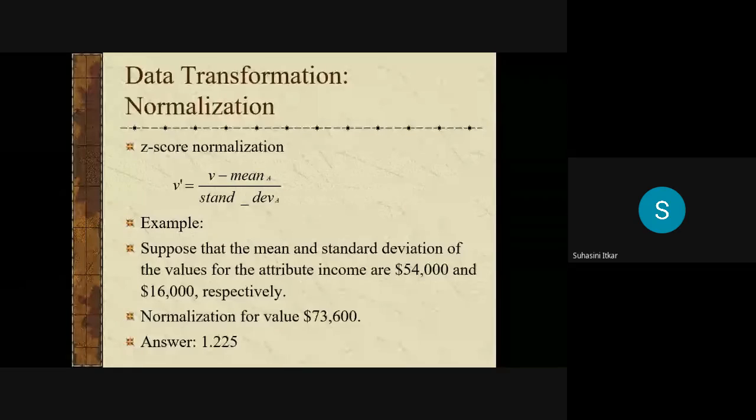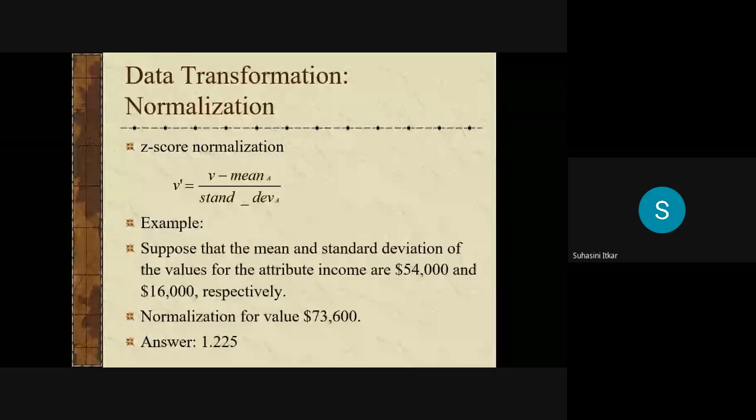It's v dash equals v minus mean value upon standard deviation, where 16,000 is the standard deviation and v is 73,600. The answer is expected in the chat window.